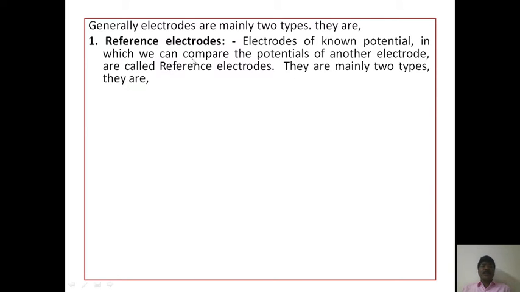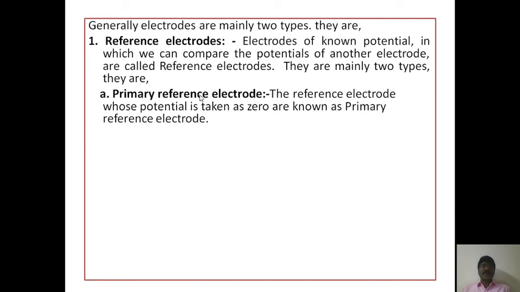They are mainly of two types: primary reference electrode and secondary reference electrode. The primary reference electrode is the reference electrode whose potential is taken as 0. What is an example of a primary reference electrode? The standard hydrogen electrode, because its electrode potential is 0.